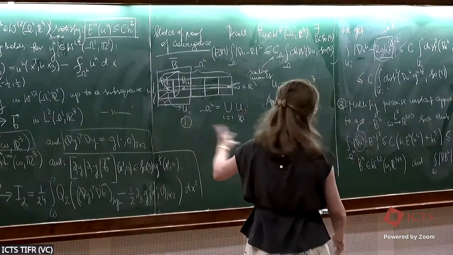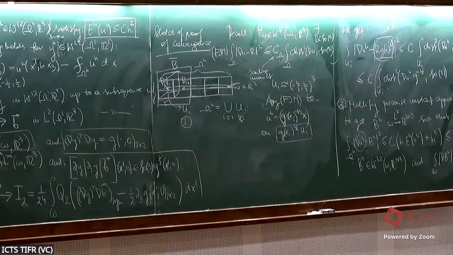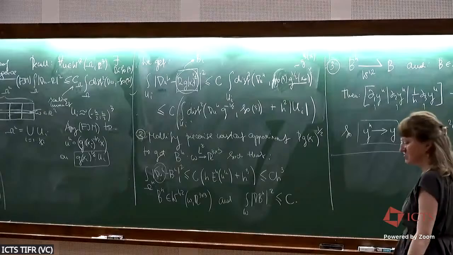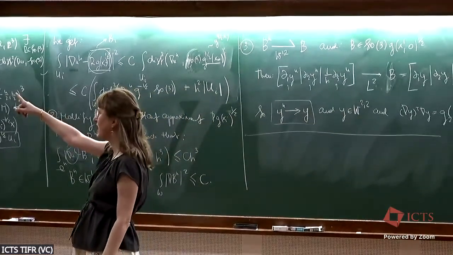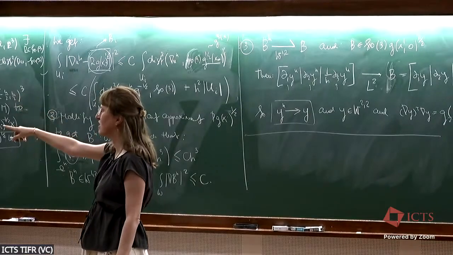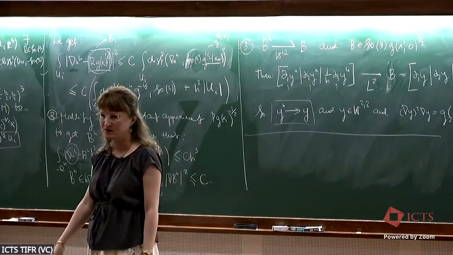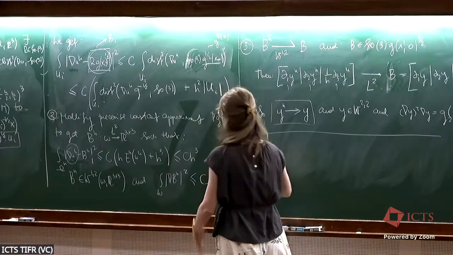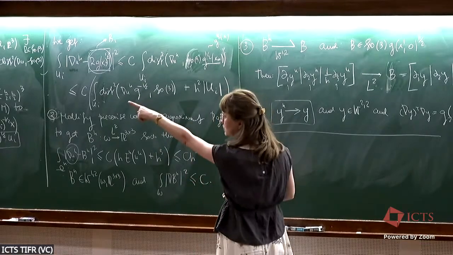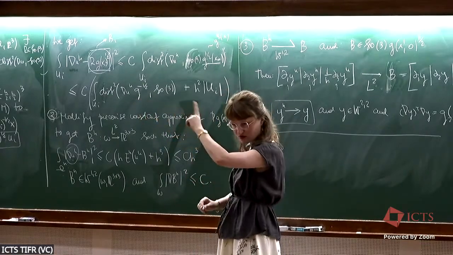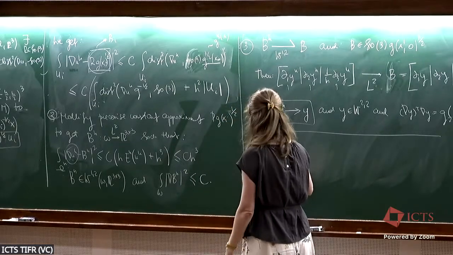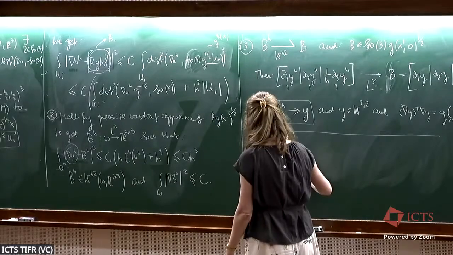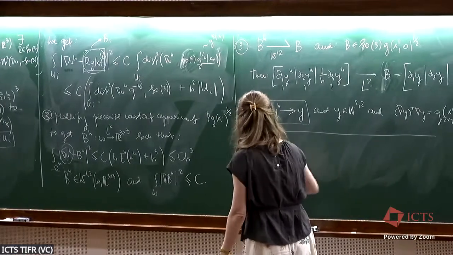So maybe this will help. I didn't talk about the gamma convergence, right? How do I find this UH, which is the recovery sequence for my energy? I tell you how UH, which satisfies this bound, looks like. So you take your Y, so this is omega H.